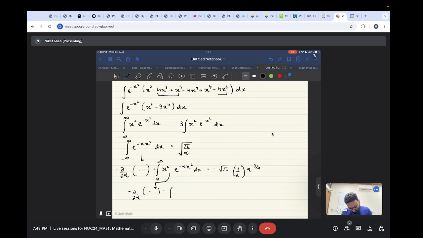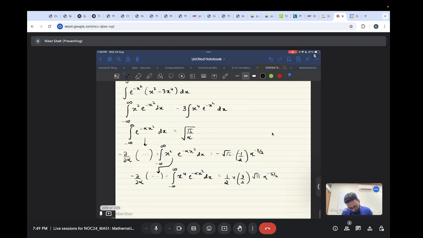It gives me the integral from minus infinity to infinity of x raised to power 4 with a positive sign, of course, because there's a negative sign outside already, e to the minus alpha x square dx, is equal to 1 by 2 into, because there's a negative sign again, 3 by 2 root pi alpha raised to power minus 5 by 2.